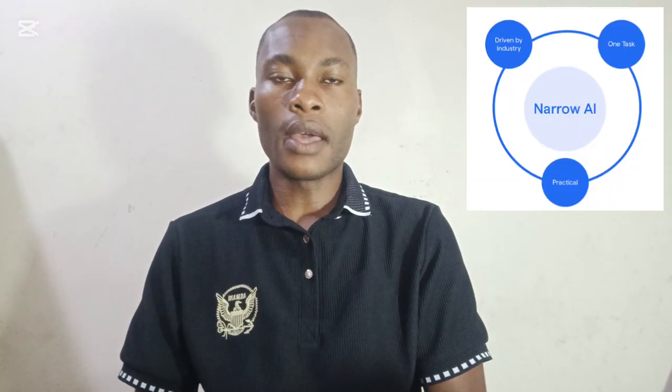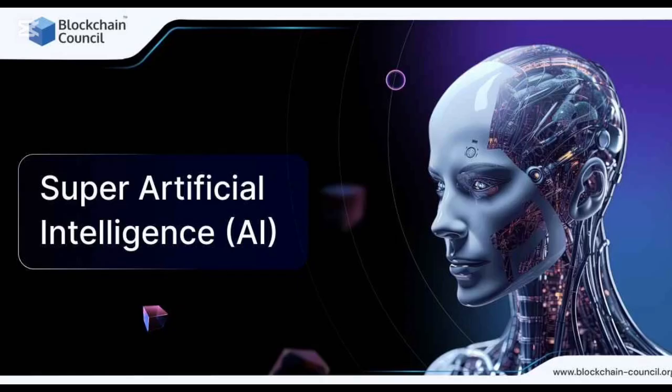There are generally 3 types of artificial intelligence based on capacity. Number 1, narrow AI or weak AI. Number 2, general AI. Number 3, super AI. Let's look at them one after the other.